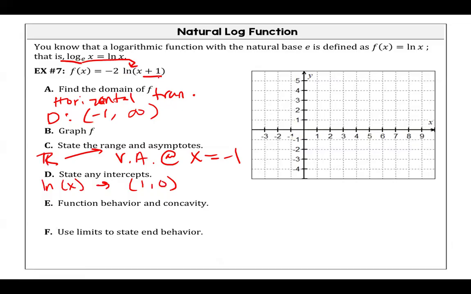I need to translate 1 unit left, and then I would be multiplied by -2. But is that going to change my 0? No. So for this transformation for f of x, where is my y-intercept? It is at (0, 0), because I had to move 1 unit to the left, which makes it both my x- and y-intercept because I'm at (0, 0).